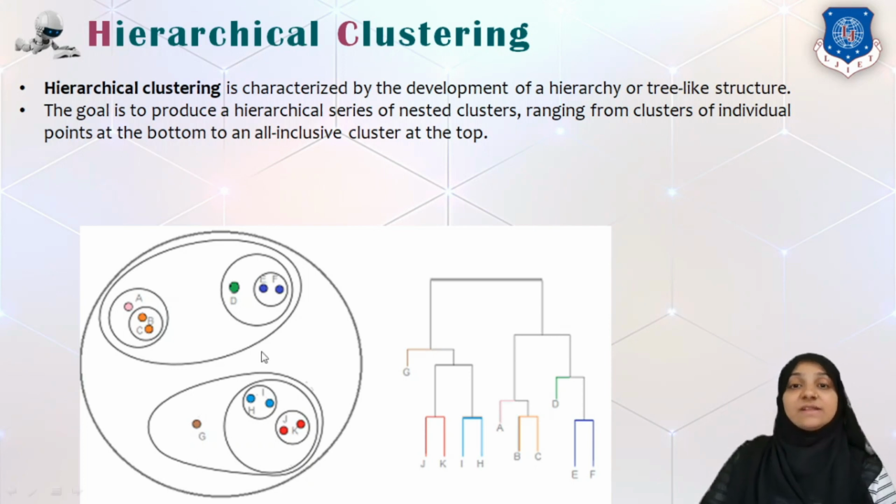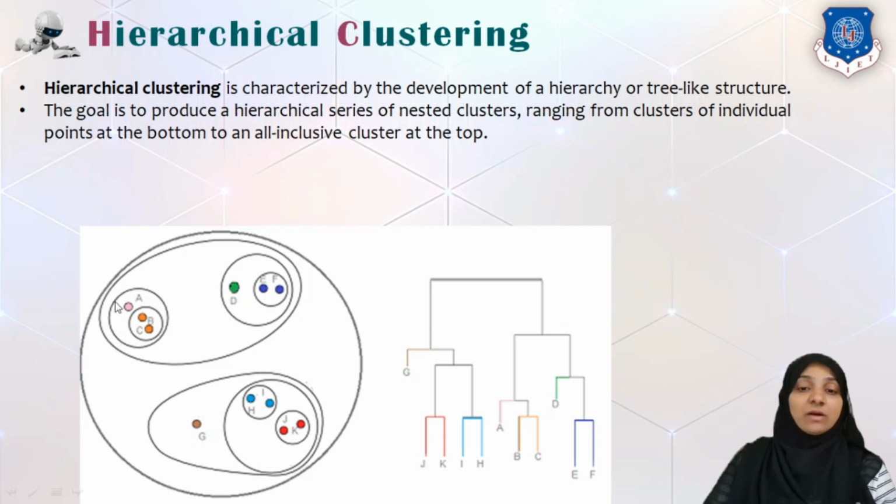As you can see in this particular diagram, there are some data points which are marked with names like A, B, C, D, E, F, G, H, I, J and K. Now these data points are clustered with some area or a circle. As you can see, these two orange circles, B and C data points, are grouped into one cluster.